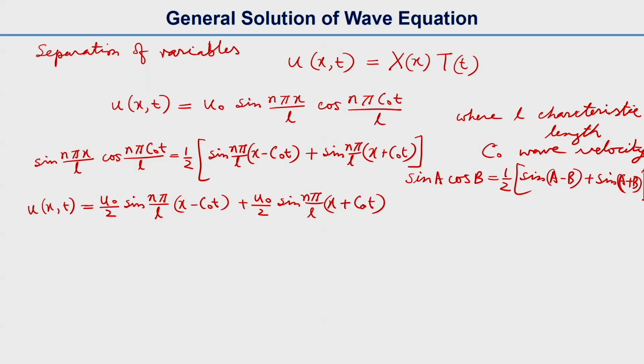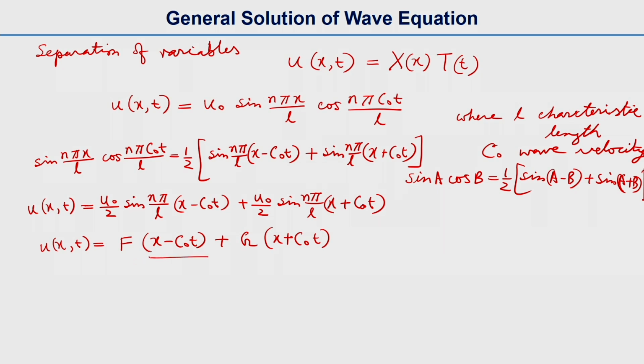We can generalize the above equation by assuming two functions which are non-harmonic functions, which are not harmonic. So, let us say f of x minus c naught t and g of x plus c naught t. So, now we have the two variables.